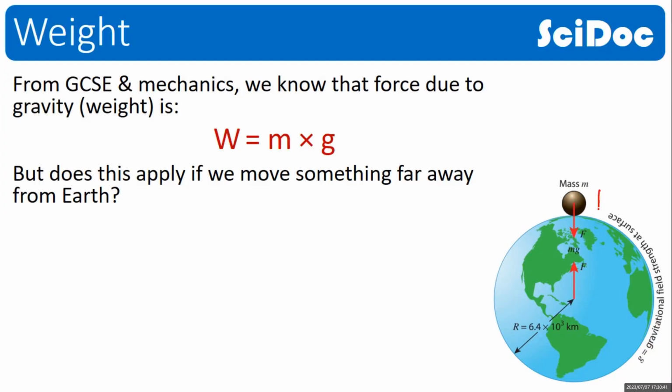So there's a downward force which is known as weight, or the gravitational force which is acting on this object due to the mass of the earth and the mass of the object itself. It is given by the formula W equals mg, where W is the weight of the object, m is the mass of the object, and g is the gravitational field strength.